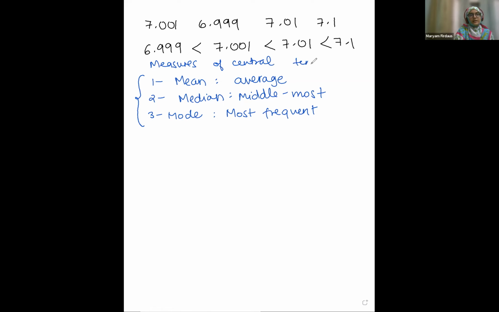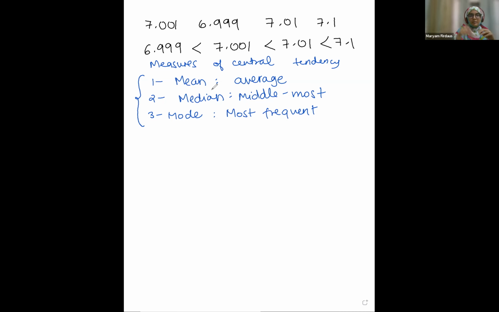Because in each of them, you are measuring something that is somehow central. For example, mean, that's the average. An average value means it lies in the middle of all of the observations. When you sum them together, what is the average value, right? So in that sense, it is a central tendency.